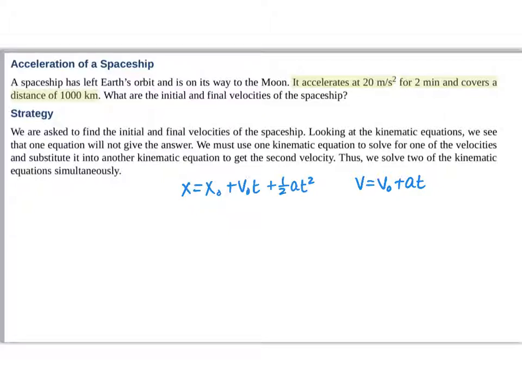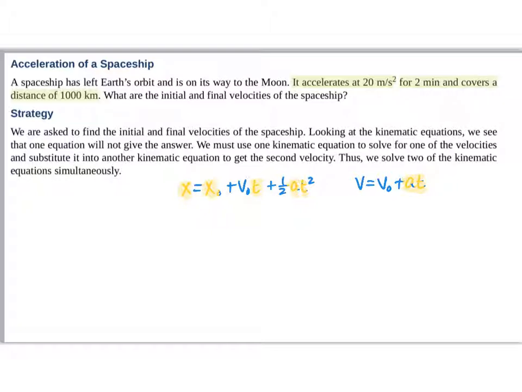So I'm going to highlight the information I have. I know what x is. I know what x naught is. I know what my time is. I know what my acceleration is. So the things that I highlighted are the things that we know.